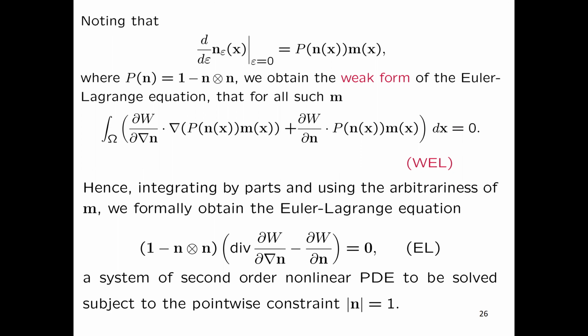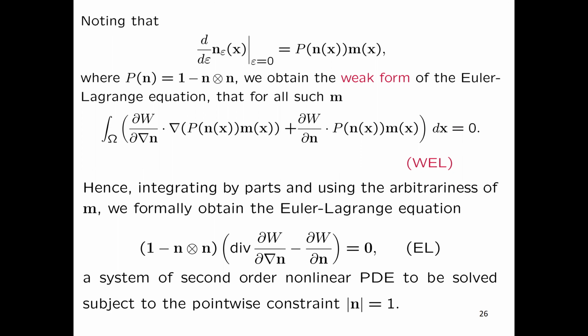And so what is that? Well, that's called the Euler-Lagrange equation. It's a second order nonlinear PDE. It's second order because formally, if you carry out this differentiation, you're going to get a second derivative of W times second derivatives of n.